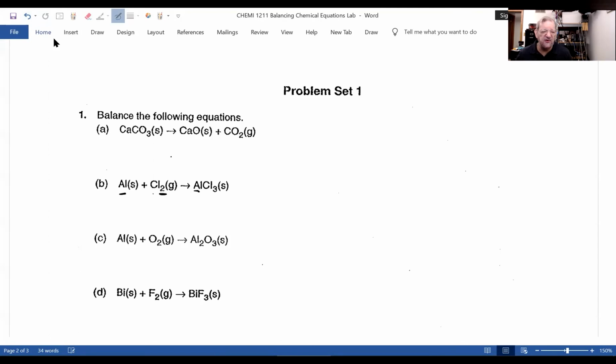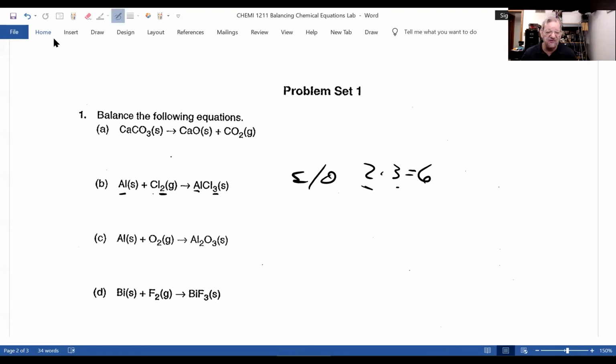Notice this is 2, this is 3. This is an even odd problem. How do you do that? What number do both 2 and 3 go into to get a whole number? Because the coefficients are always whole numbers. And how do you do that? Multiply 2 times 3 and get 6, because you know they'll divide.